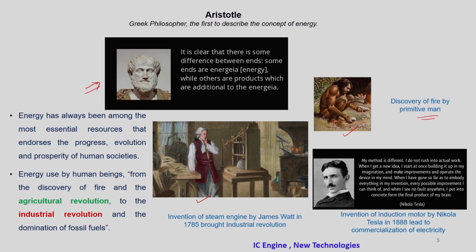This picture is very famous. He is James Watt. He invented the steam engine in the year 1785. The invention of the steam engine brought the industrial revolution. After that, many more mechanical devices were developed, including internal combustion engines.